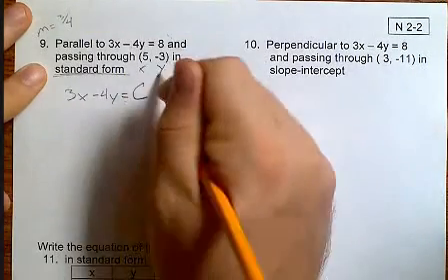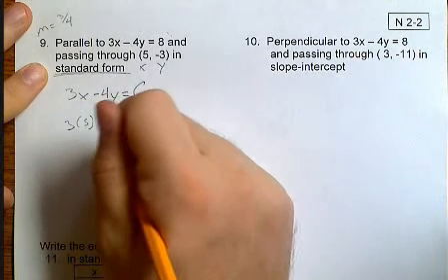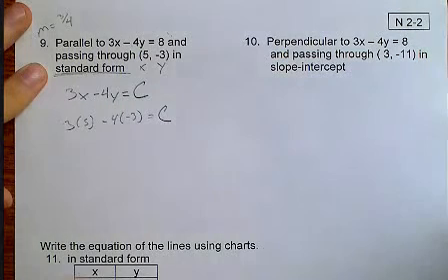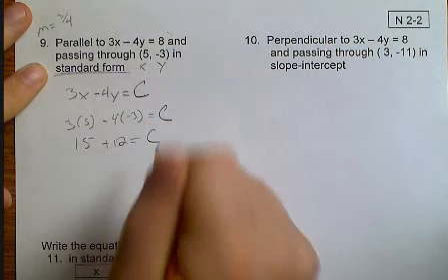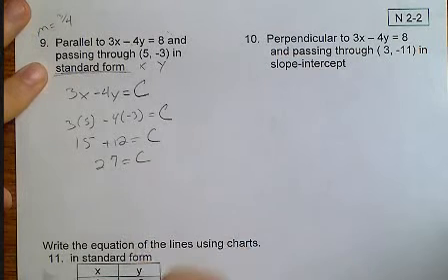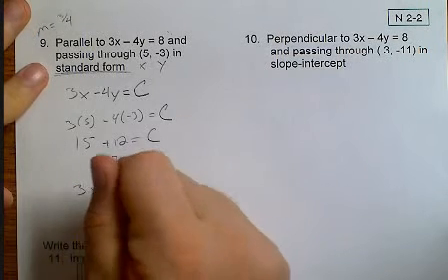In fact, the very points they gave us. So 3 times 5 minus 4 times -3 equals C. That'll be 15 plus 12 equals C. 27 equals C.